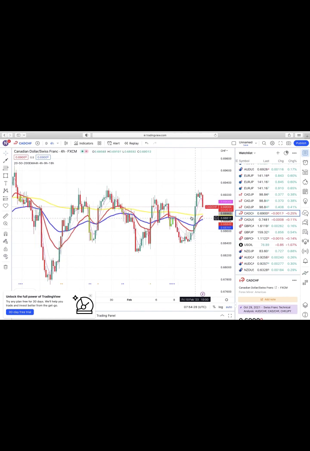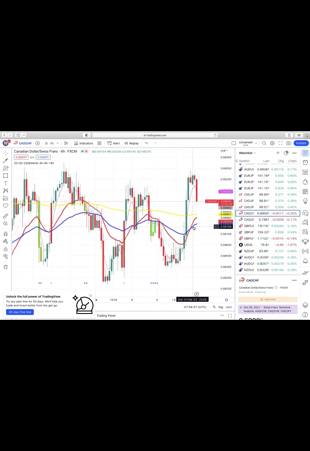Now, I've been telling you that the first thing you want to look at is the 200 EMA. When the market is above the 200 EMA, you always look for a buy. But in this case, the market is above the 200 EMA, yes, this yellow one is the 200 EMA, but there are three factors that have confirmed that this market is selling.